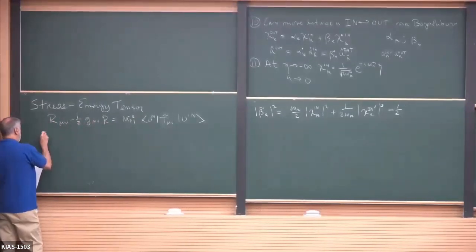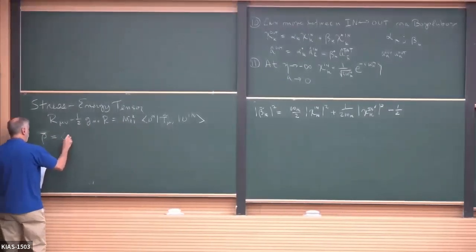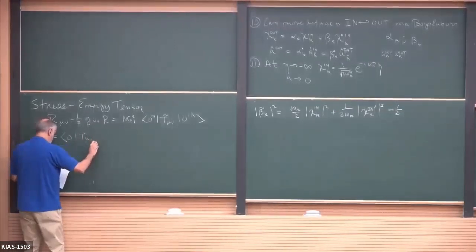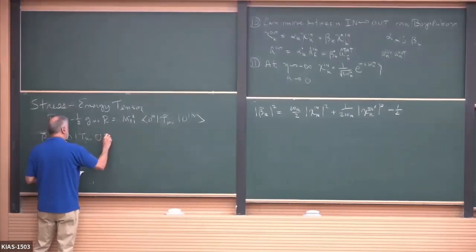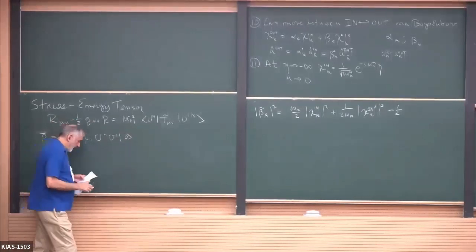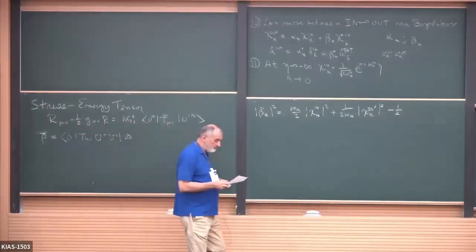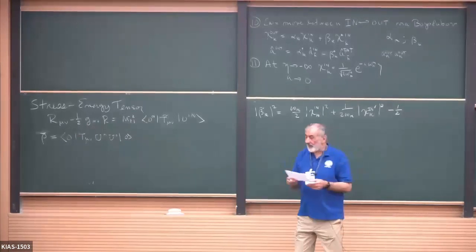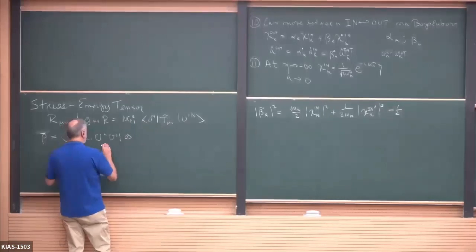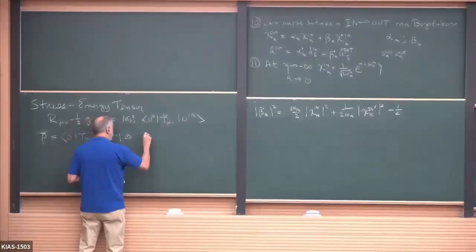And rho bar, sorry, rho bar, well, define it as the energy density measured by an observer with a 4 velocity u.